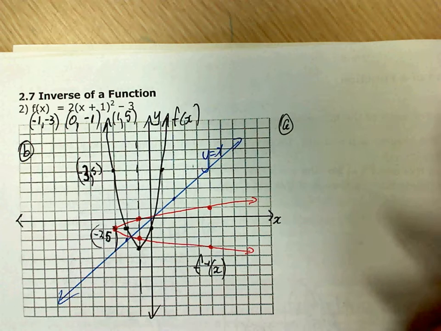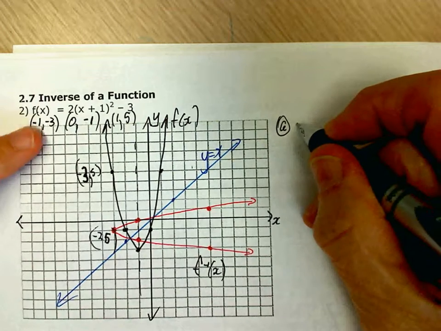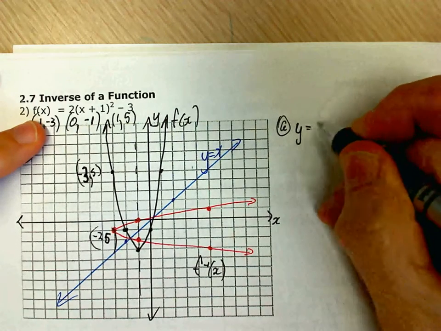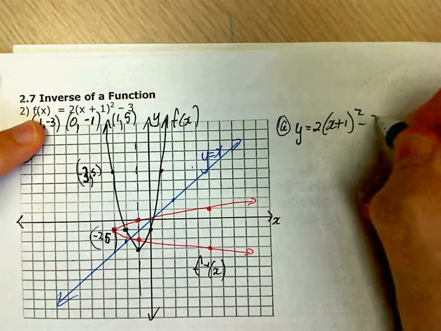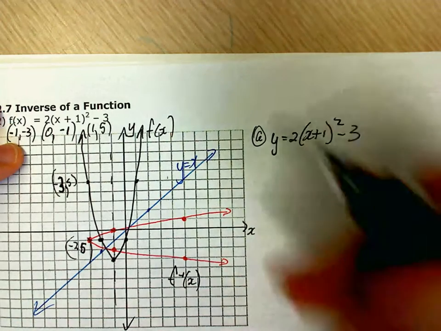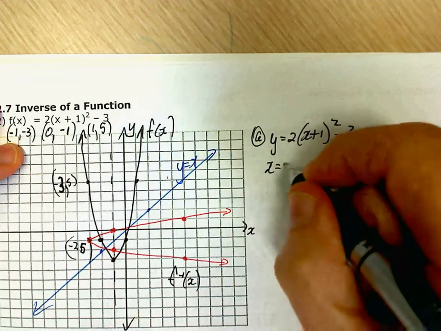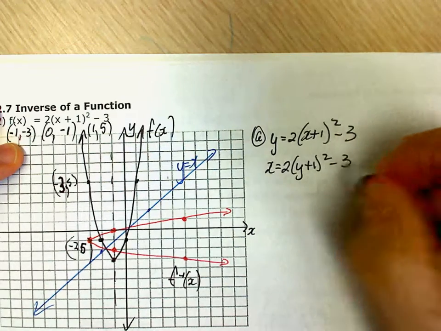Okay, let's now do it algebraically. So I'm going to replace f of x with the y, and that's 2 times x plus 1 squared minus 3. So to find the inverse, we swap the x and y. Let's solve for x.